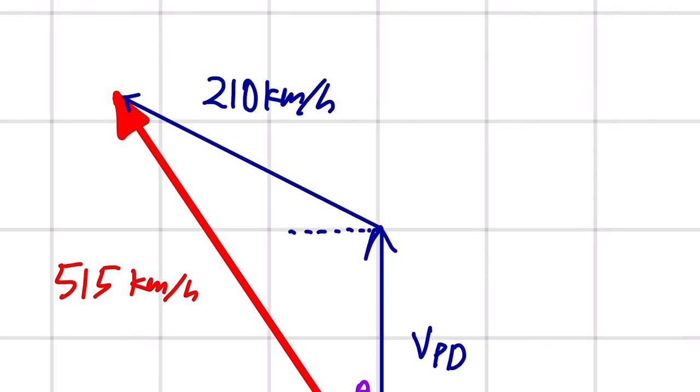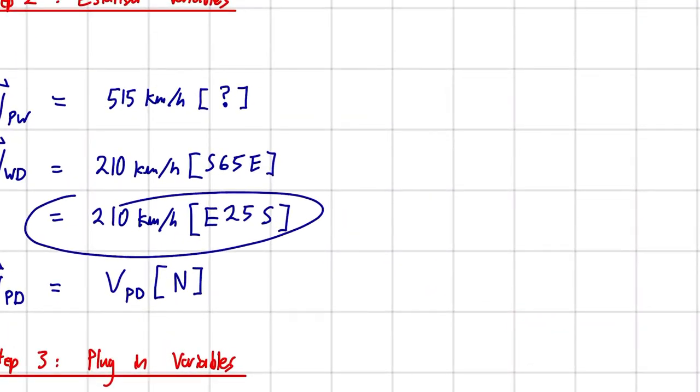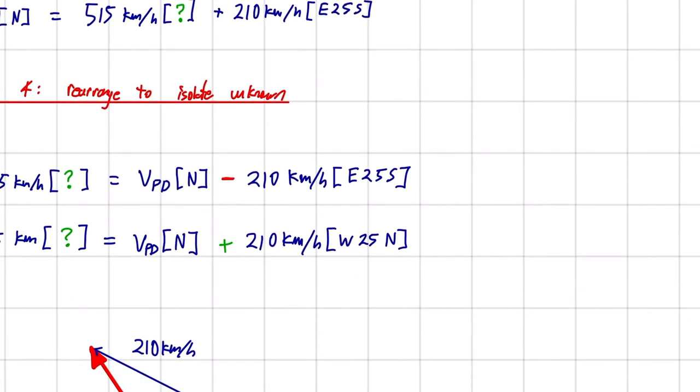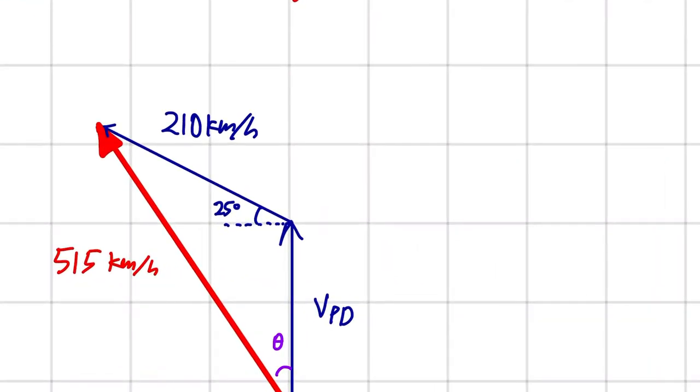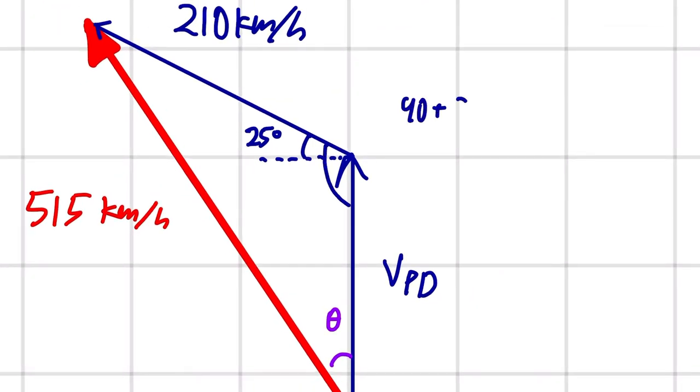Remember, we know this angle is 25 degrees, and we know that from this vector here, west 25 north. So this is west, meaning that this angle is 90 plus 25, which is equal to 115 degrees.